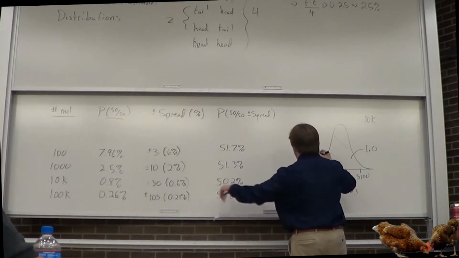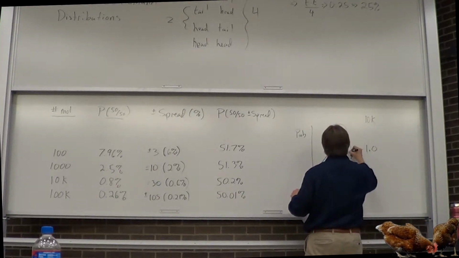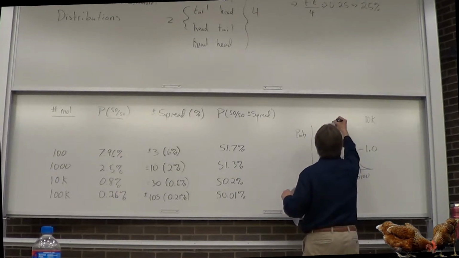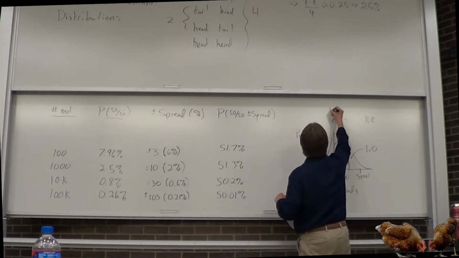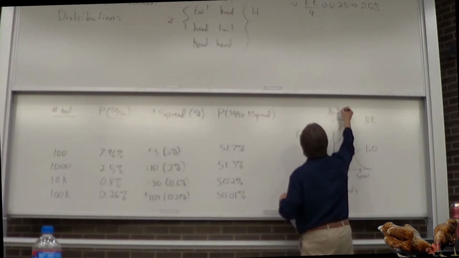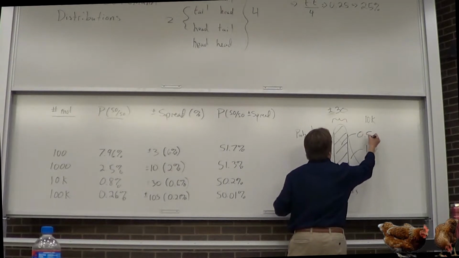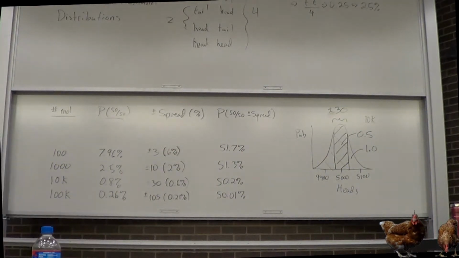Now if you look at plus or minus 30, which is about here to here, the area in this range, and again, this is the spread, the plus or minus, I'm doing 10K, right? Plus or minus 30, that's this width here. This area is 0.5 or 50%. So there you go.